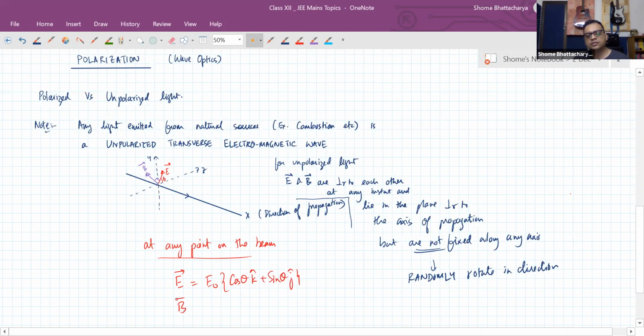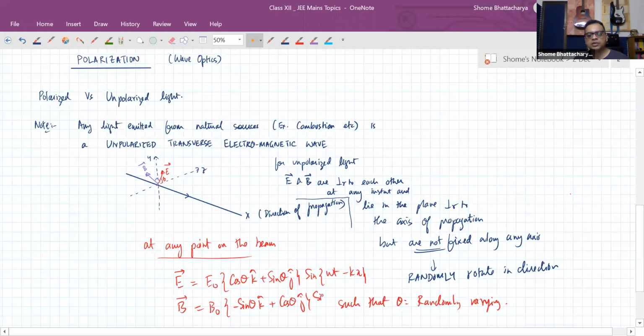So the magnetic field will be B naught, minus sin theta k cap plus cos theta j cap, such that theta is randomly varying. Of course that will then be multiplied with the term sin of omega t minus kx, and this will be multiplied with the term.